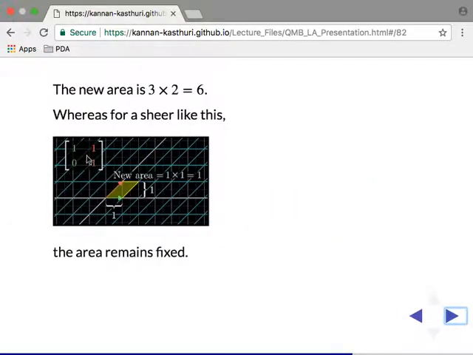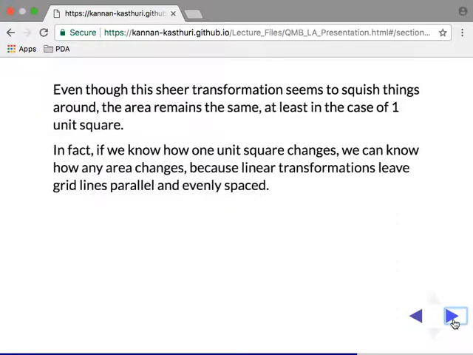Whereas for a shear, something like 1, 0, 1, 1, the area remains fixed because the distance between the grids remains the same. So even though the shear transformation appears to squish things, the area remains the same.